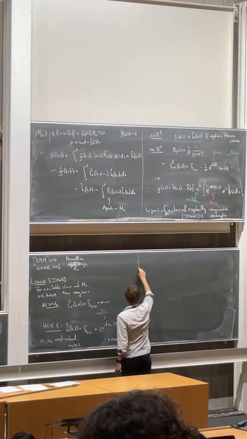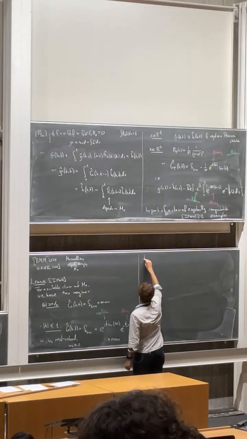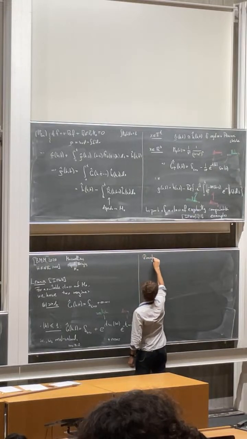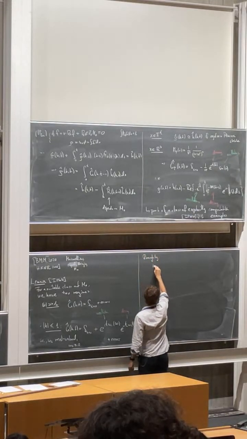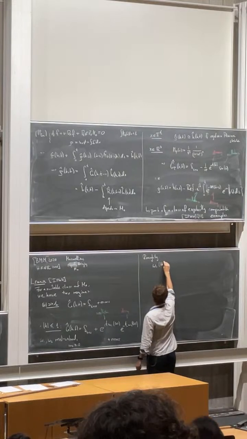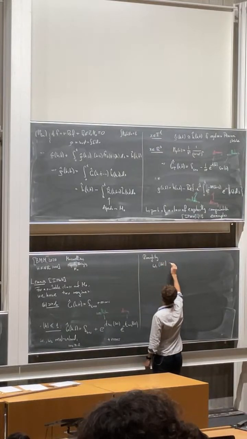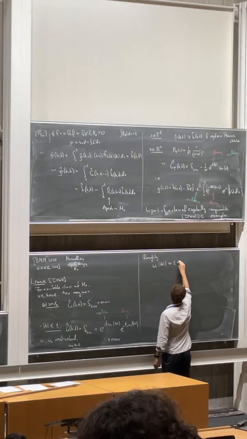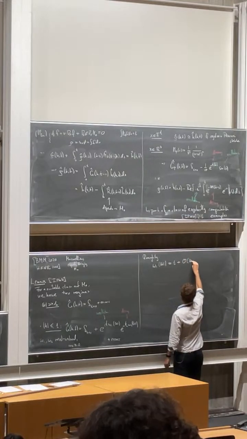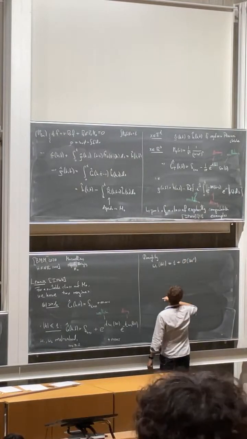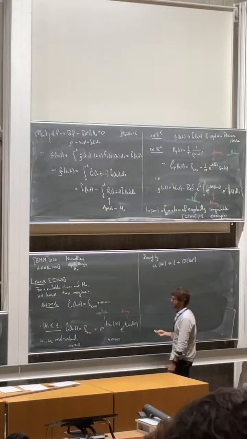Roughly speaking, you can say that this one function is something like 1 plus order of k squared, and the omega 2 function, well, is omega.